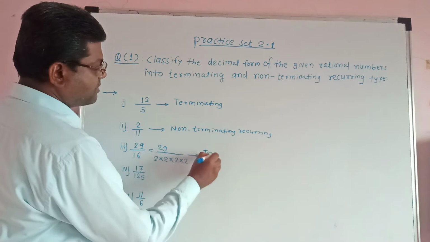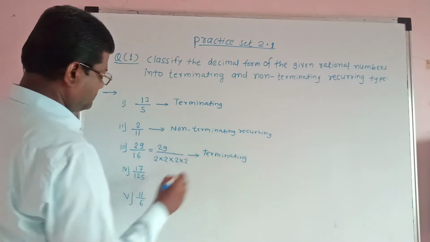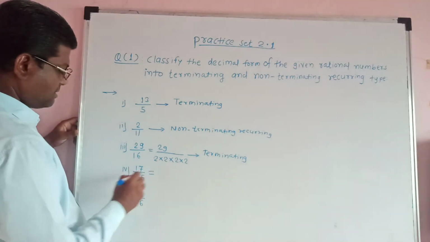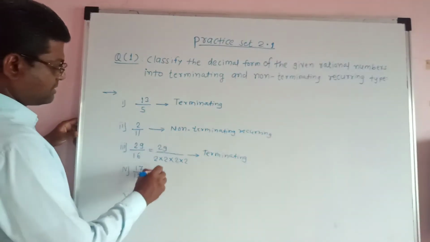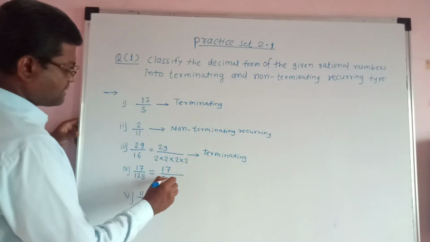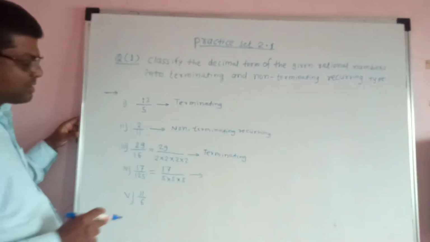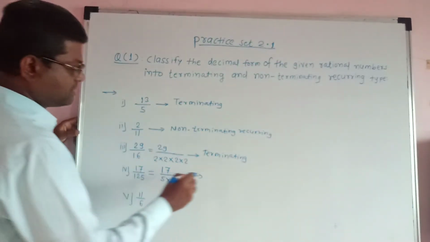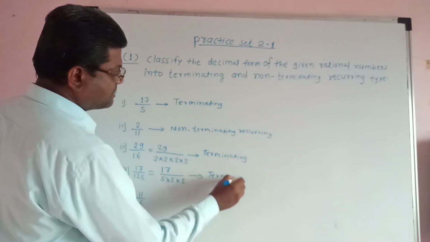Therefore its decimal form is terminating. Example number 4. 17 upon 125. This 125 can be written as 5 into 5 into 5. So the denominator has prime factor 5. Therefore the decimal expansion is terminating.